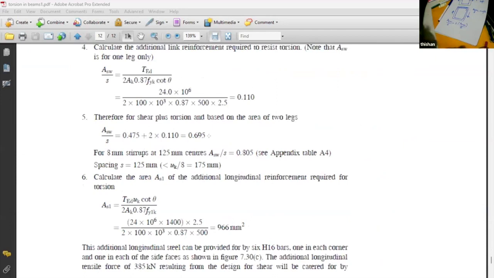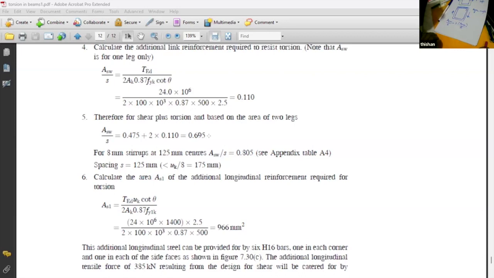So what are we going to do? We have to find ASW. So let's say if we are providing 8 mm stirrups at 125 centers, so ASW is 50. 50 divided by 125, 0.805.